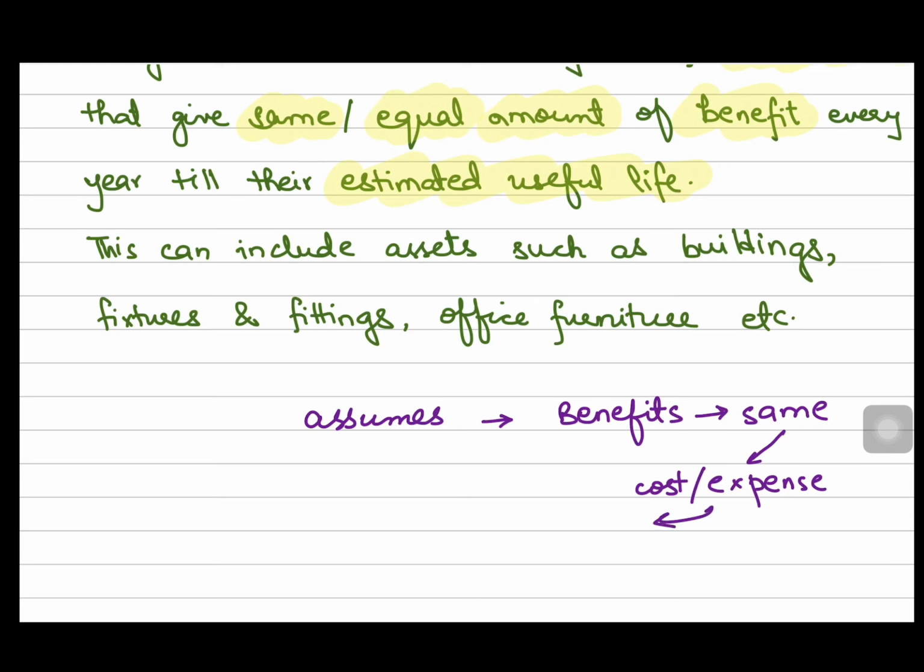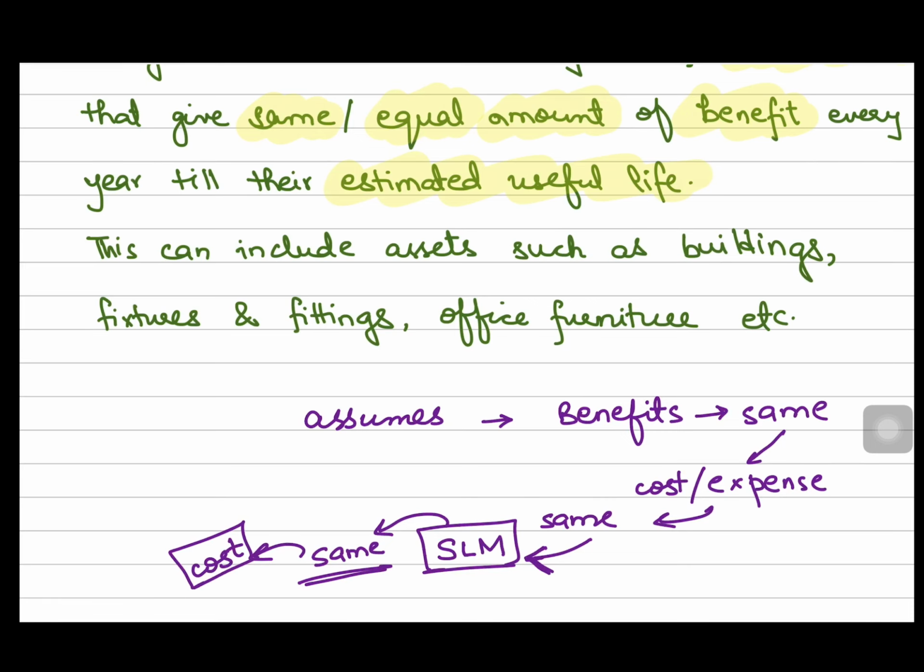Now, since the benefits are the same, expenses should also be the same, and the only way we can do that for the depreciation on those non-current assets is by charging the depreciation using the straight line method, because the depreciation under this method is also the same because it is applied on the cost, right.